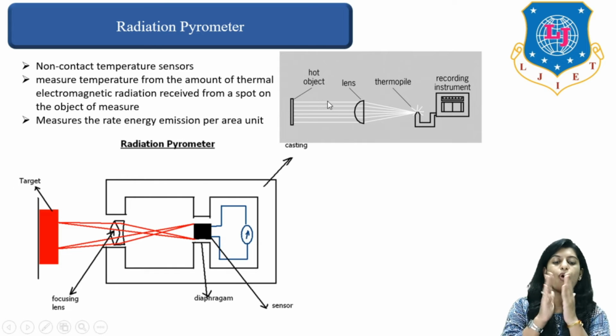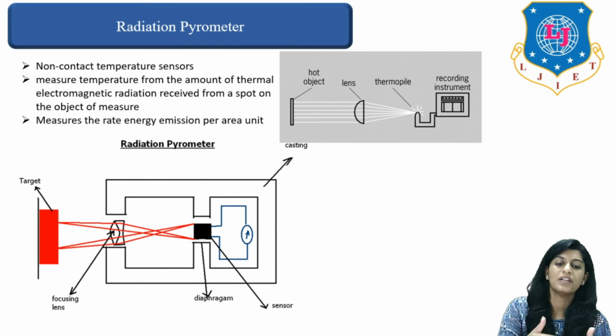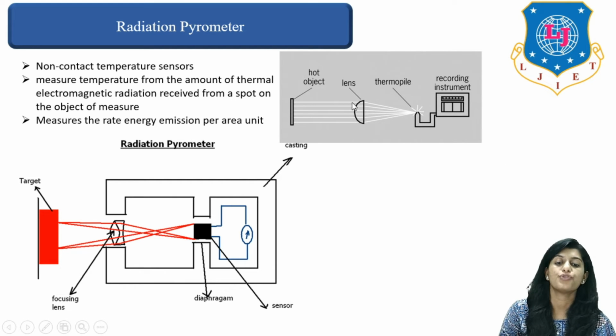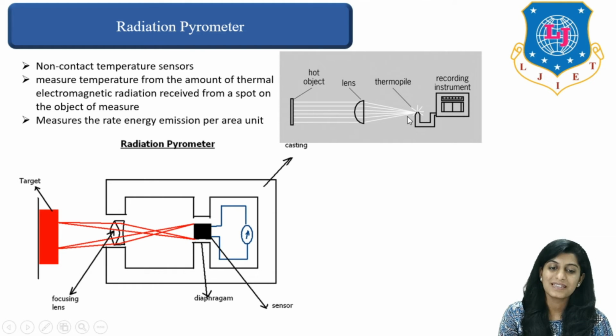Once that radiation falls on the lens, it will converge to one point, which is known as the thermopile. This is a thermopile. Due to this thermopile, a signal is given which will help us to determine the temperature. Here also you can see this is our target, this is our lens, and this is a diaphragm where you are focusing all the radiation, and then with the help of current we can detect the temperature.